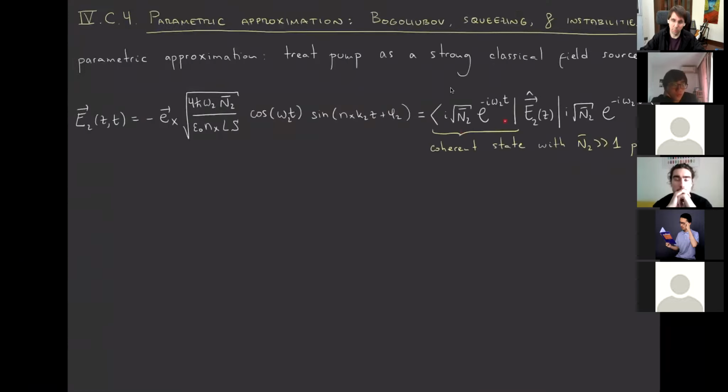So let me write it down, and then we can discuss it. What we will get is a Hamiltonian that has this form. So it's a time-dependent Hamiltonian that has the free term for the down-converted field. And then it has the down conversion part, but now it doesn't have the B mode because that's a classical mode. It's a classical field. And what we get is something slightly different. It's this thing here.